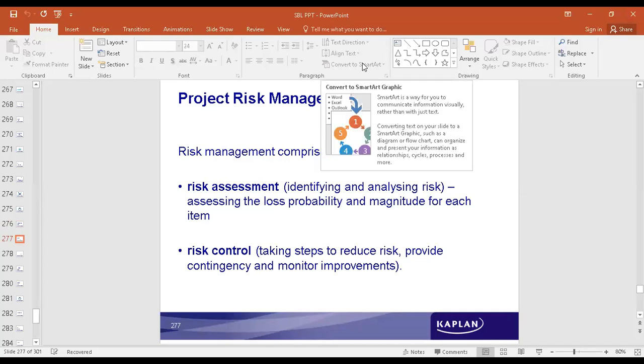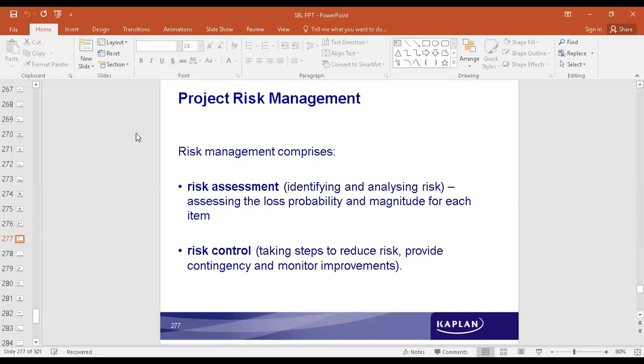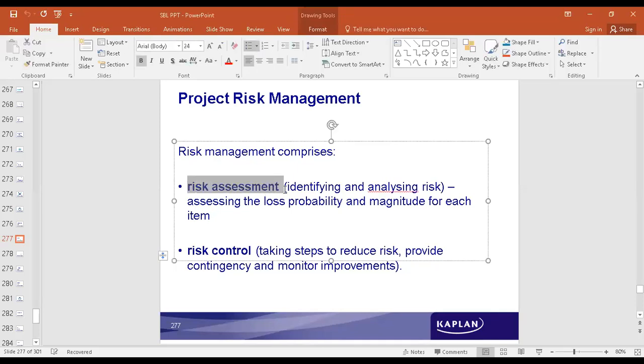So that is the process we see in general risk management. In terms of projects also, project risk management has to be taken up. Risk management comprises assessment of risk, understanding the amount of risk that is present, identifying and analyzing risk. We did learn how to calculate risk.